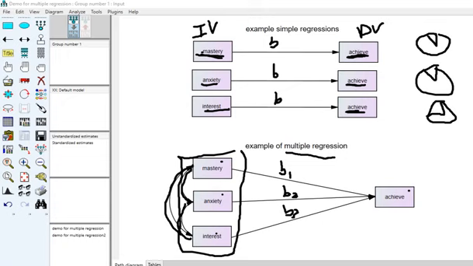And if we run a multiple regression, then we can take into account all of the variation, or the total variation, while also considering the intercorrelations among the variables. So we can explain a larger piece of the pie as a result of the variation among the set of those variables.